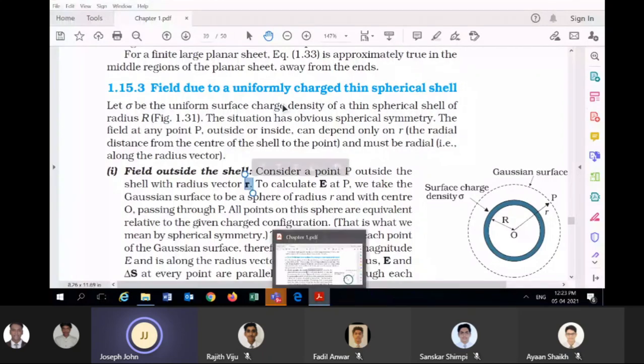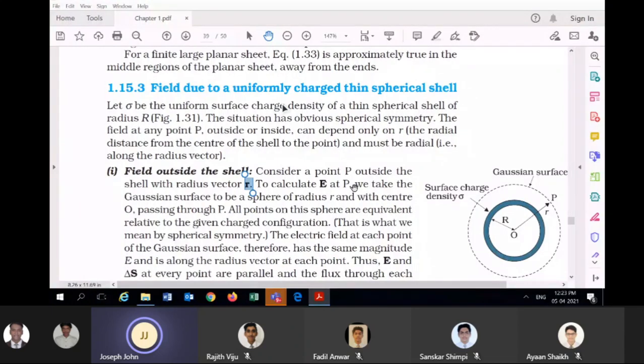Don't mess up the two radii. Consider a point P at a distance r from the center of the shell.